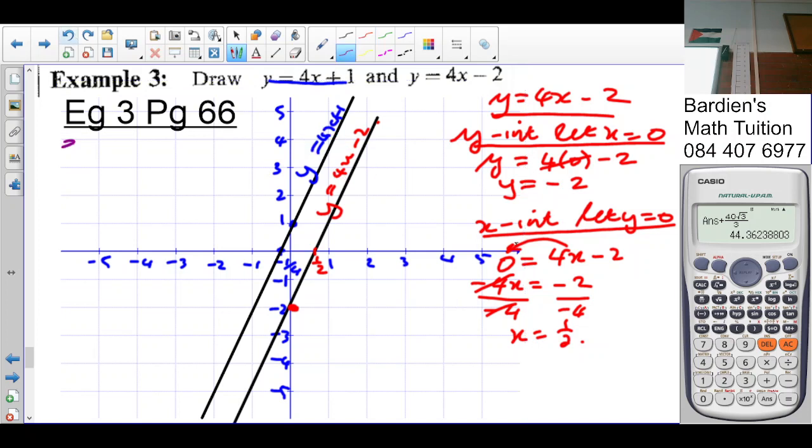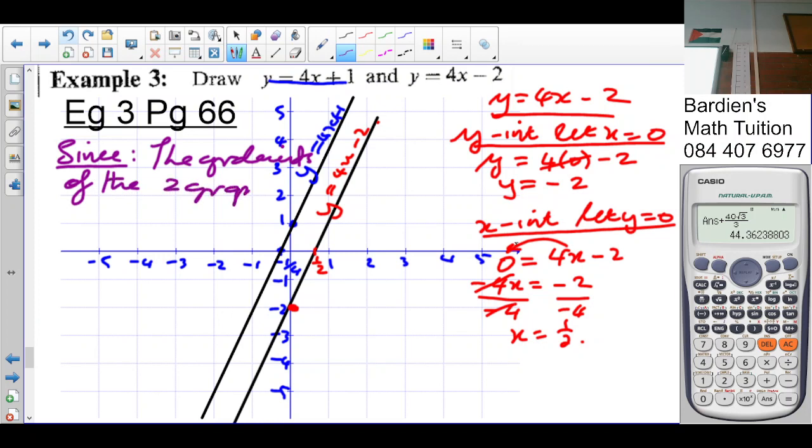So we say since the gradients of the two graphs are the same, what can we say? Therefore, the lines are parallel. The lines are parallel.